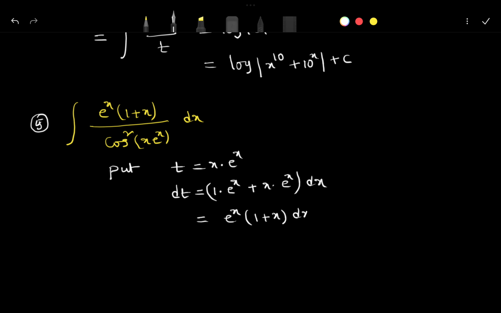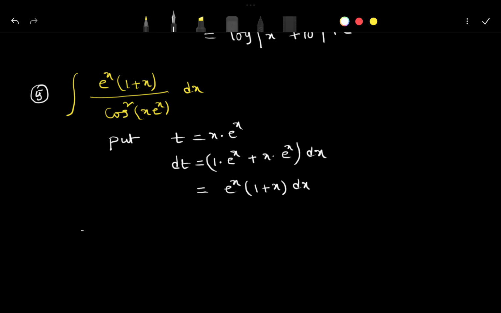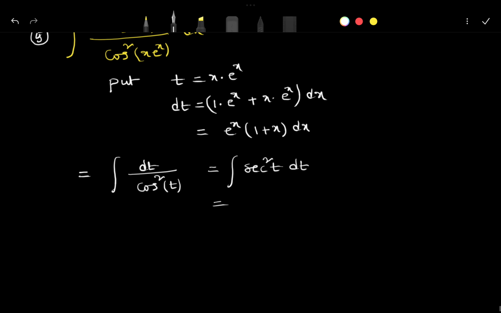I hope everyone is clear. Now substitute all these values in the given question. You will get this value equal to the integration of dt whole divided by cos square t. So you know the integration of 1 by cos square t is secant square t. All of you please recall the integration of secant square x will be nothing but tan x.